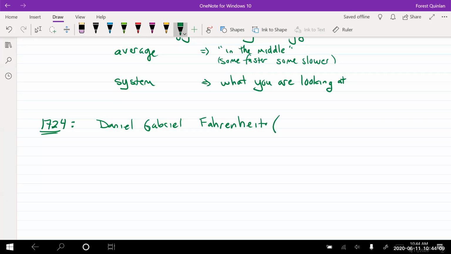By the way, he lives between 1686 and 1736. I want to point this out. He based his scale on the coldest ice water slurry he could make.